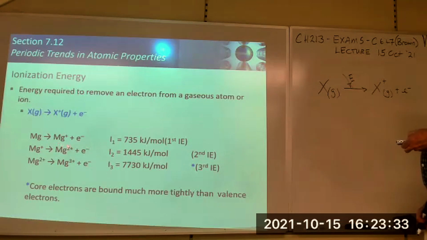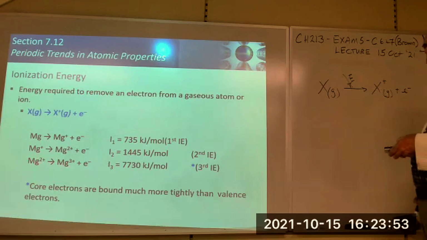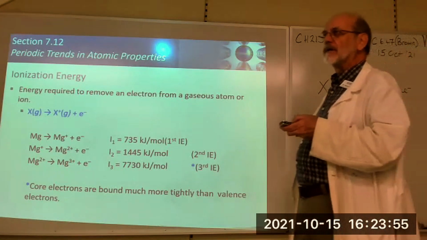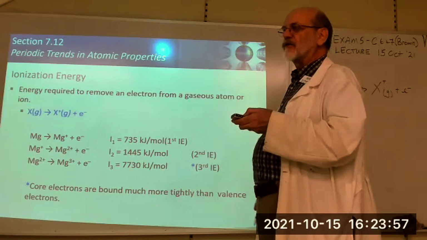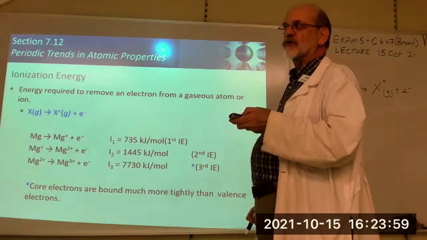Now, why does it take more energy? It's electrostatics. It takes more energy to remove a negative from a positive than it does from a neutral. But then when we kick off the third electron, think of it this way. Here's magnesium. If we kick off an electron, then the electronic structure looks like sodium.